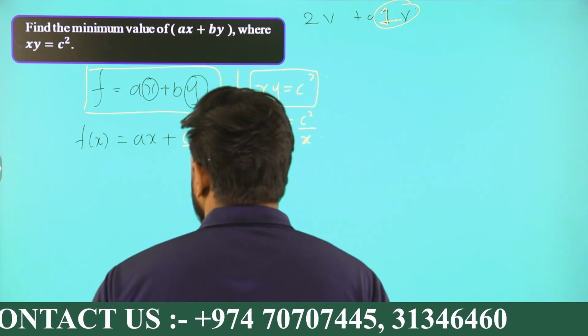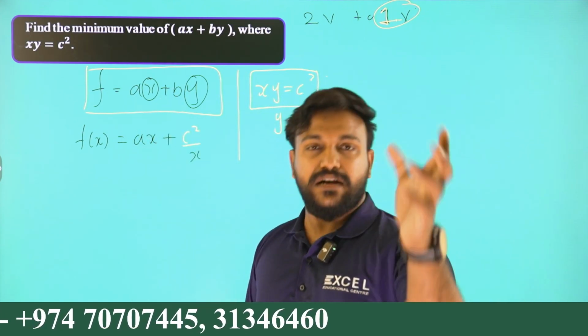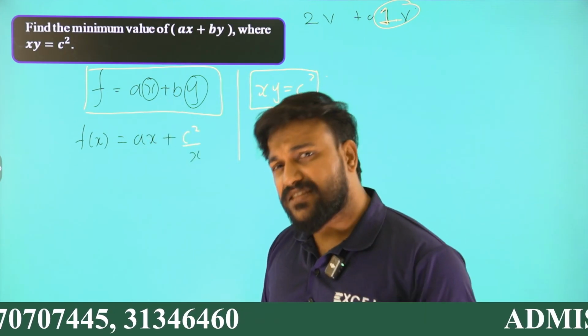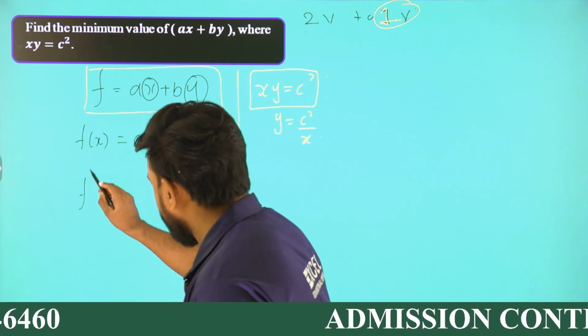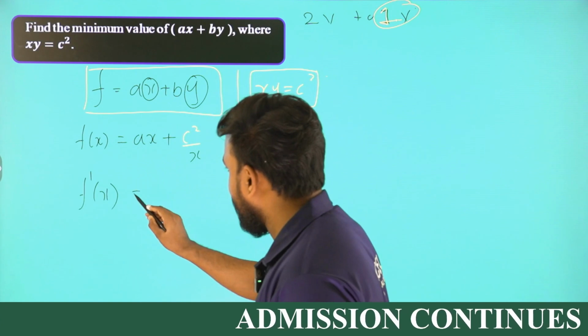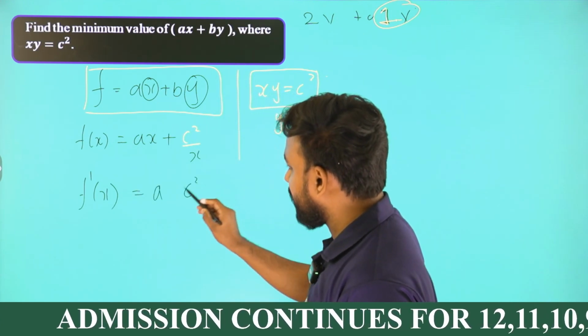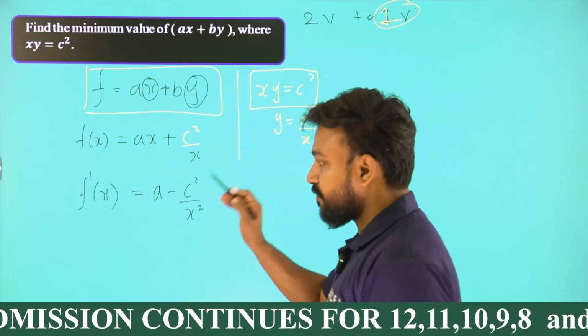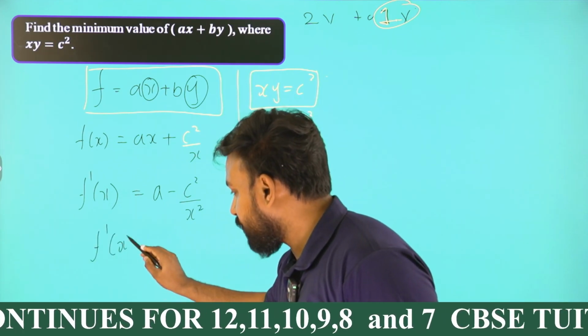So listen, if you have got the function in a single variable, the first step is: find the derivative, find the critical point, go for the second derivative. So the first derivative: what is the derivative of ax? It's a. I'm taking the c square constant out, and the derivative of 1 by x is minus 1 by x square. This is the first derivative. And where will you get the critical point? F dash of x equal to 0.